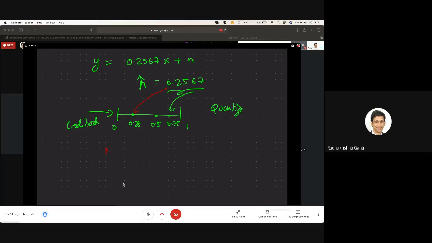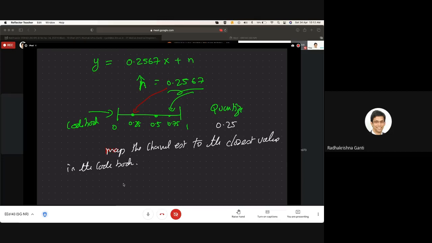You map the channel estimate to the closest value in the code book. In this particular case, what do you transmit? The UE will not transmit 0.25, it will transmit the index.